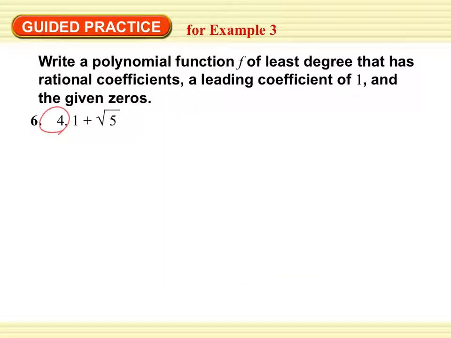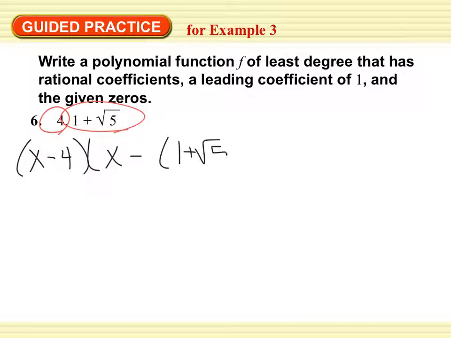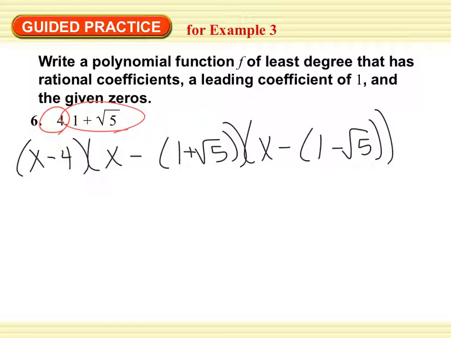Here I have 4 and a complex conjugate pair. So the 4 is easy. I do x minus 4 and then x minus 1 plus root 5 and x minus 1 minus root 5. Okay, let's pay attention because I group things, right?